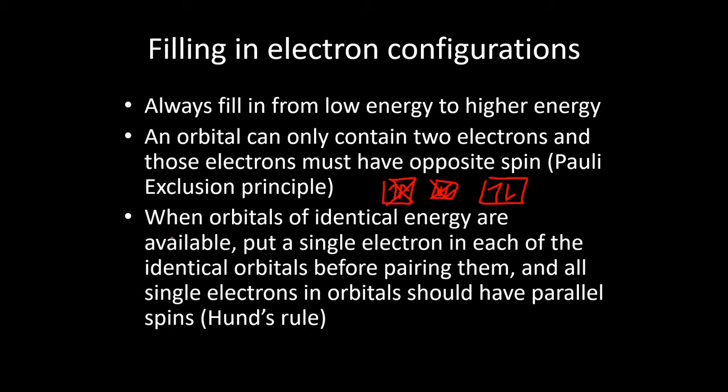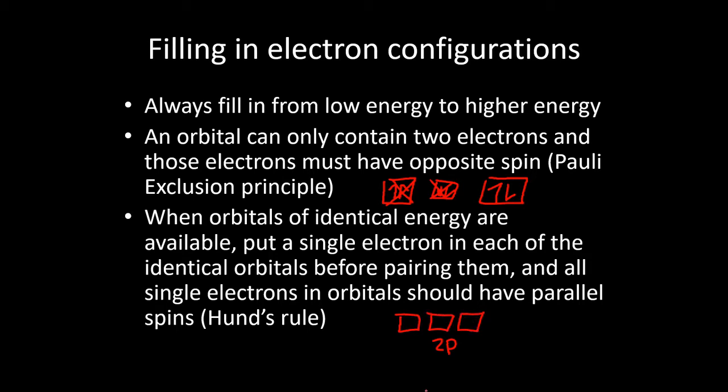So then the last one here, when orbitals of identical energy are available, put a single electron in each of the identical orbitals before pairing them, and all the single electrons in orbitals should have parallel spins. So if, for example, we're putting electrons into the 2p, the 2p subshell has 3 orbitals.